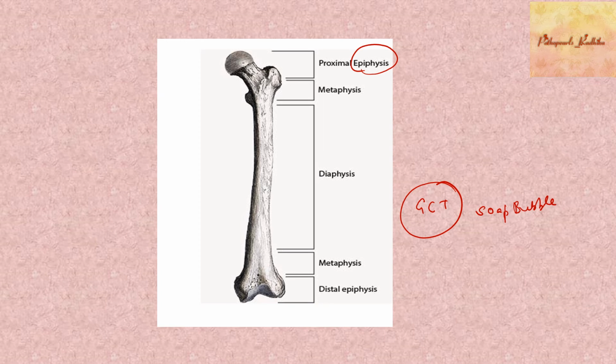A long bone has an epiphysis, metaphysis and diaphysis. I hope you all know what is epiphysis, metaphysis and diaphysis. It's based on from which ossification it develops. Today you have learned about two lesions which occur in the epiphysis. One is giant cell tumor, another one is chondroblastoma.